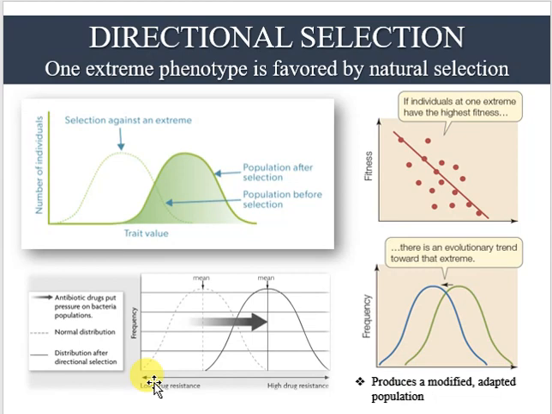So what happens is the movement of allelic frequencies will move towards the phenotype that has a higher fitness associated with it. And that will produce a modified adapted population that shifts away from the average trait or condition.